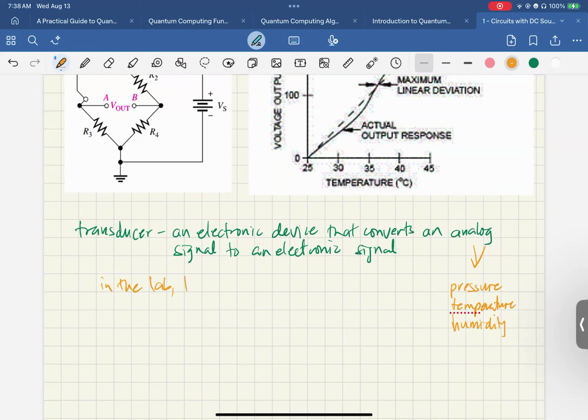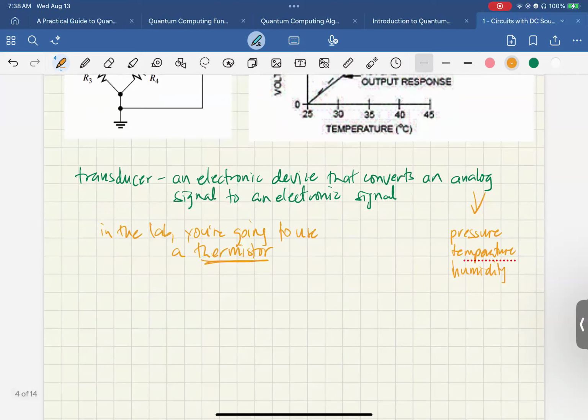gagamit kayo ng thermistor. Okay, anong thermistor?